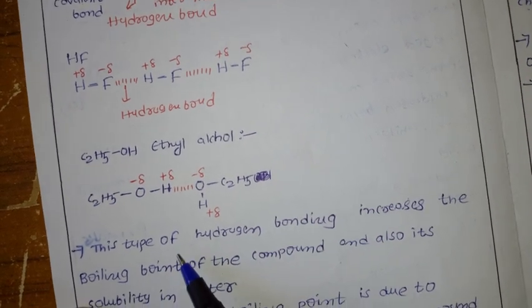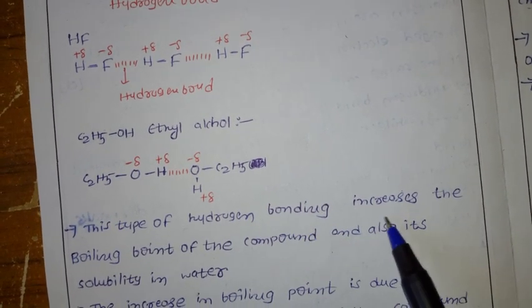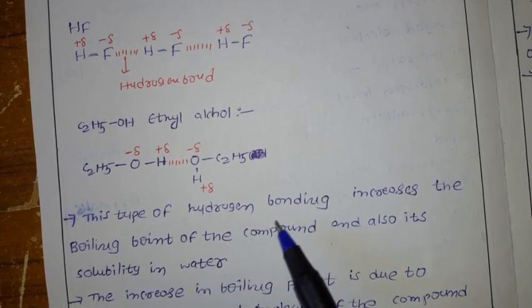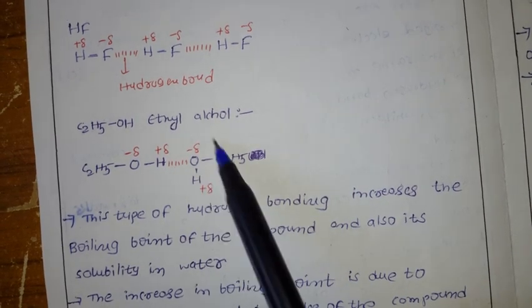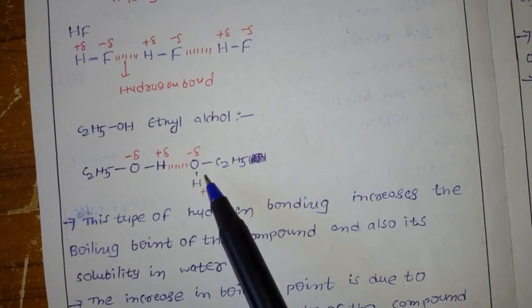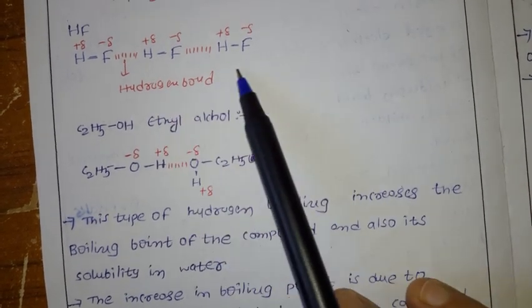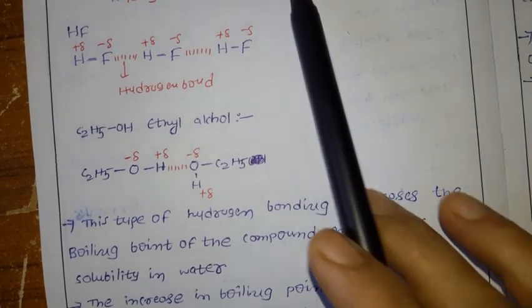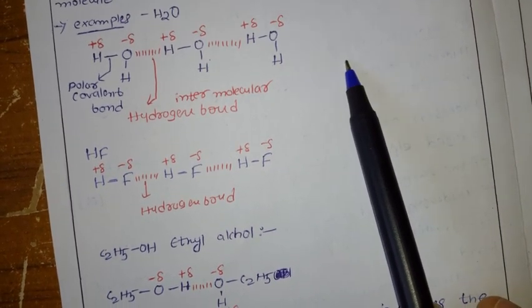Now this type of hydrogen bonding, intermolecular hydrogen bonding, increases the boiling point of the compound and also its solubility in water. The boiling point increases because you can see many bonds joining together, so the chain length increases. Another HF molecule is going to connect, and in this case another H2O molecule is going to connect.